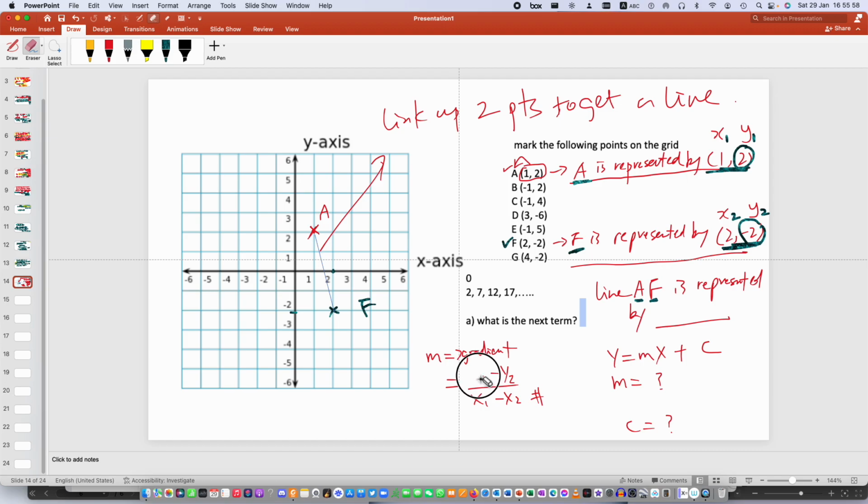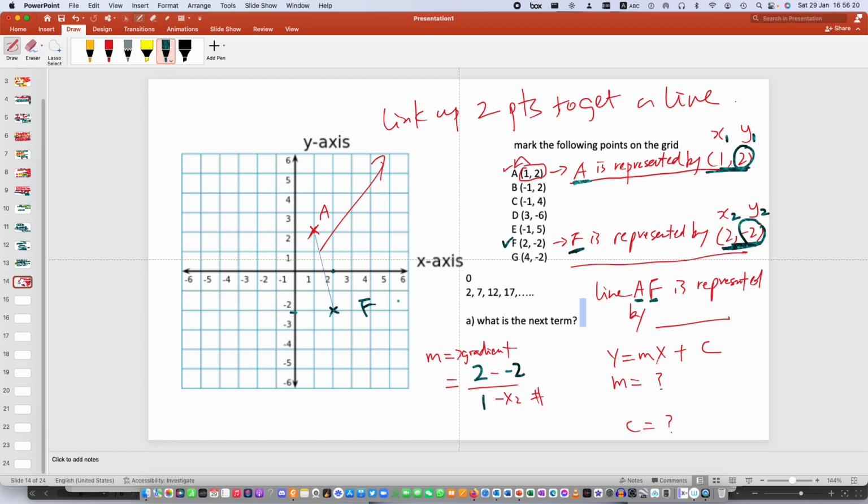What's the value of y1? 2. What's the value for y2? Negative 2. Just write it there. What's your x1? 1. Very good.